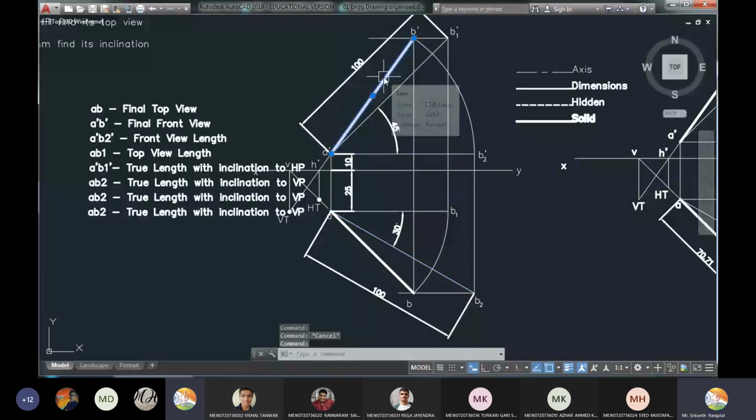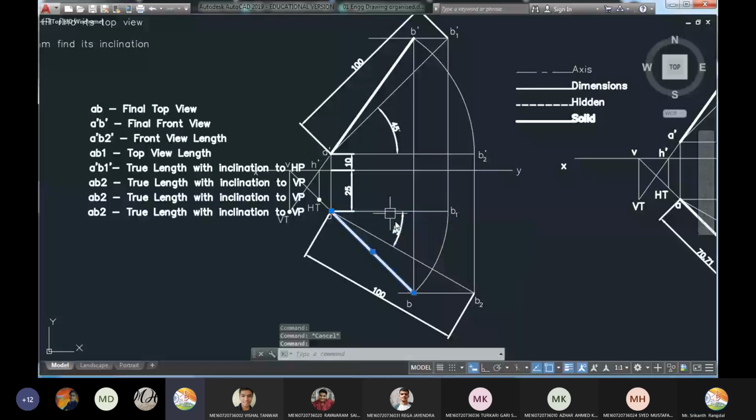Here also the same. This is the temporary front view. We are projecting this to get the front view length, and then we are rotating the front view length to get the final front view.